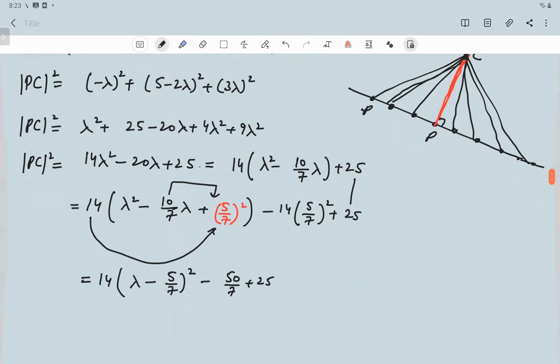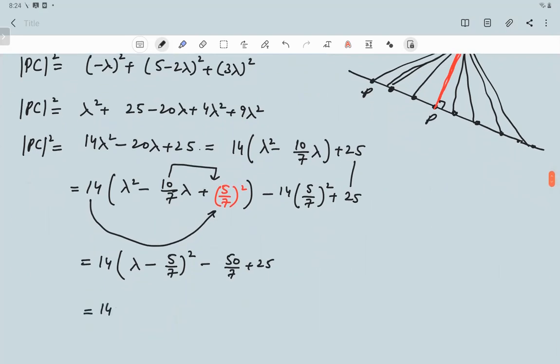I hope you understand it, and kindly check that I may not have made any mistake. Kindly check it, beta. 25 multiplied by 7 minus 50 is equal to 125 over 7.